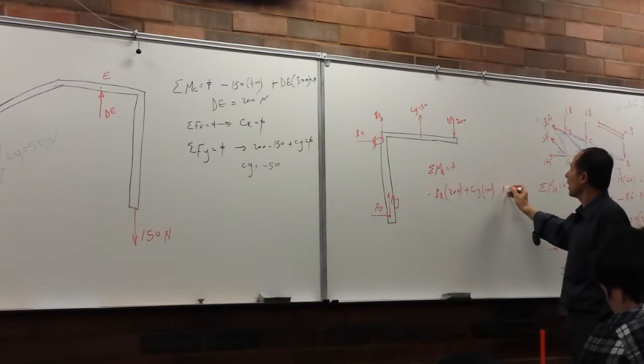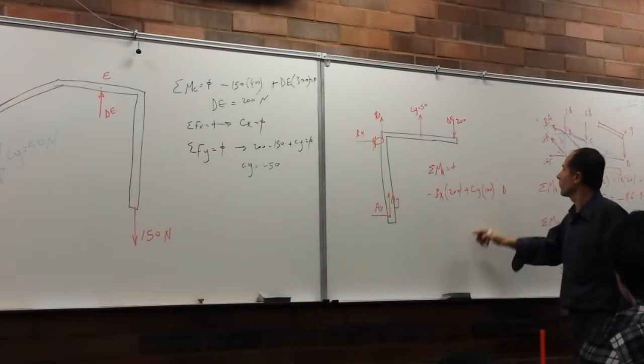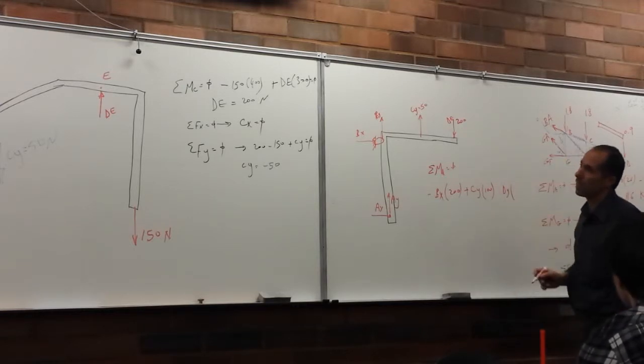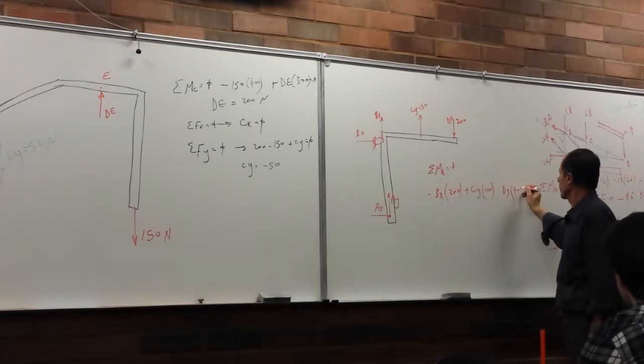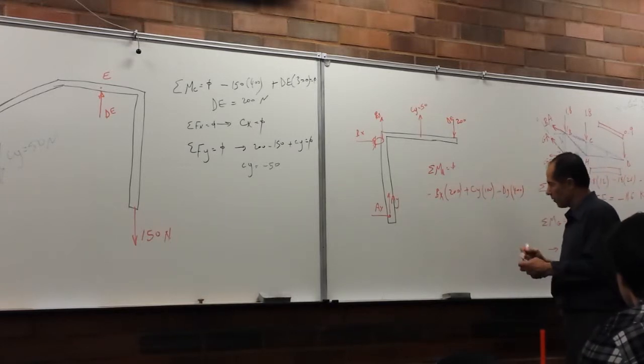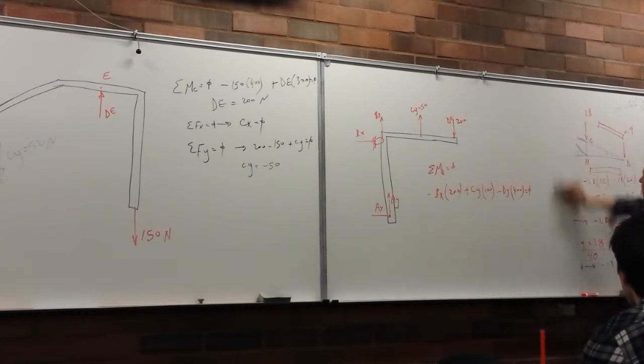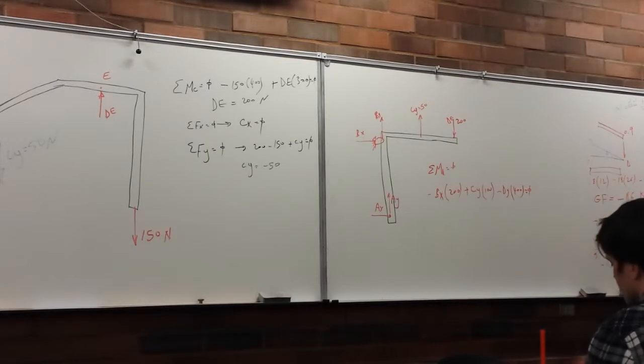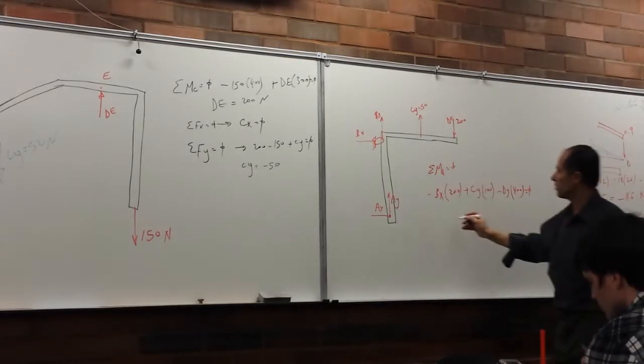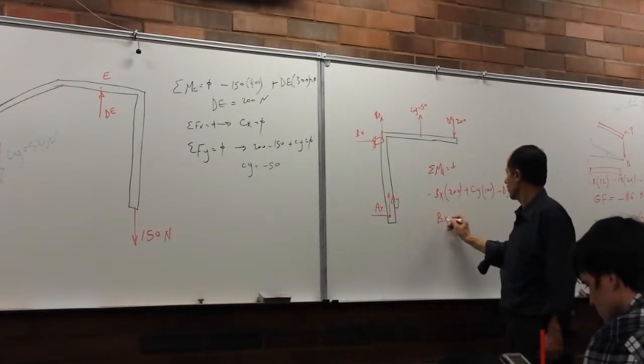The DY times 400 is negative. Equals 0. CY and DY, we know them from the previous shape. We got BX here equal.